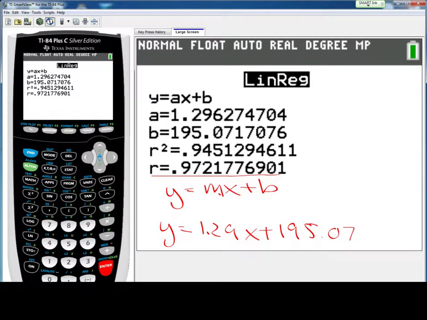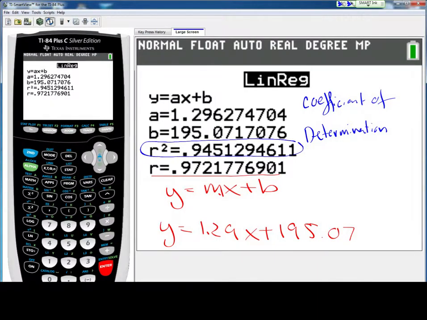Now, because people are very curious, you guys want to know what the R square is? I think somebody asked last time. The R square is called the coefficient of determination. And what that number tells you is what percentage of the data can be explained by that model, by that equation.